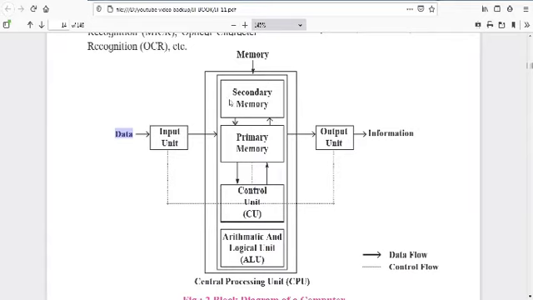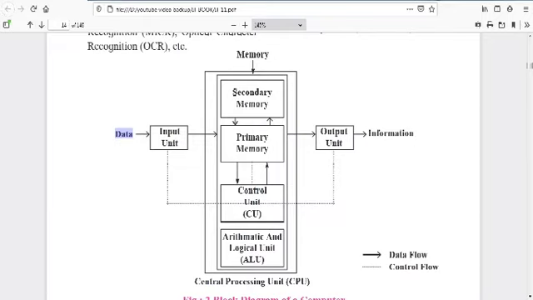But as electricity goes, the secondary memory will not get vanished. If you shut down your computer and then turn your computer on again, you will find the files in secondary memory. But on the other hand, you will not find files in primary memory, because it always requires electricity to process data.